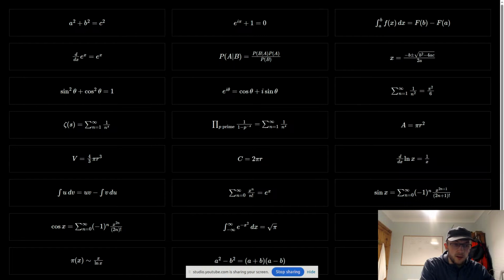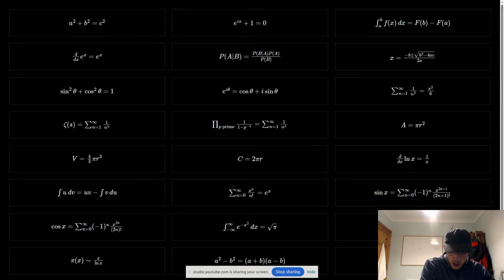For instance, 2 to the power of 42. I might not know exactly what that is, but I know that it will be 10 to the power of 12 and then multiply by 4 approximately. So around about 4 trillion. So that was log base 10 of 2, which is 0.301 approximately.